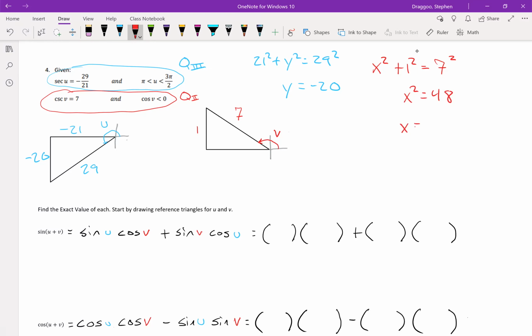So x is going to be plus or minus the square root of 48. And because we are in the second quadrant, we'll choose the negative out of that plus or minus. And 48 is the same as 16 times 3. So all told, x is negative 4 square root 3.